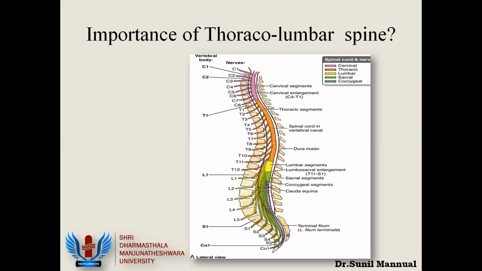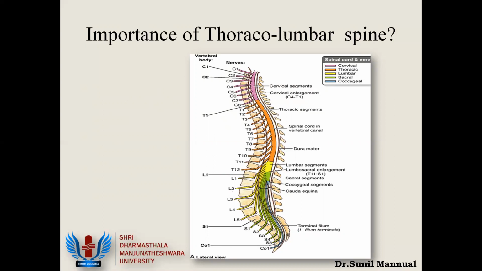Now, what is the importance of this thoracolumbar spine junction? The importance is as put in slide number 5. If you go to slide number 5, you will realize that I put a picture where the lumbar segments of the spinal cord are marked in yellow and the sacral segments of the spinal cord are marked in green.